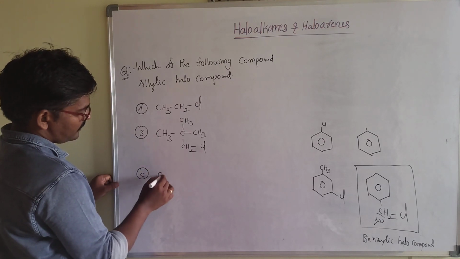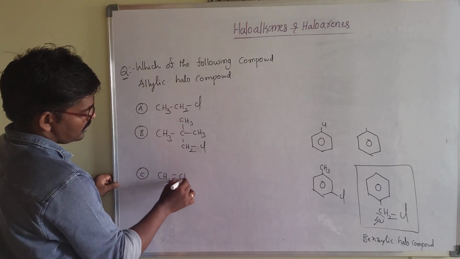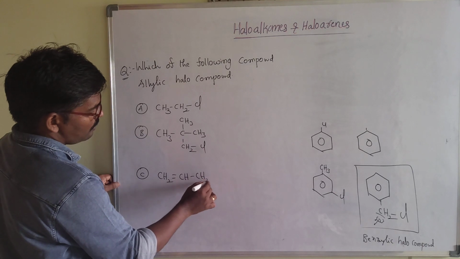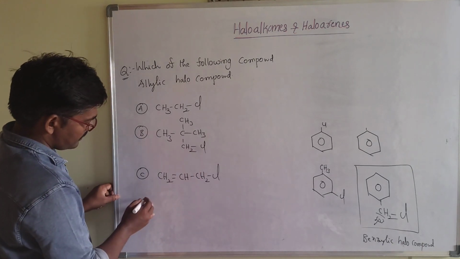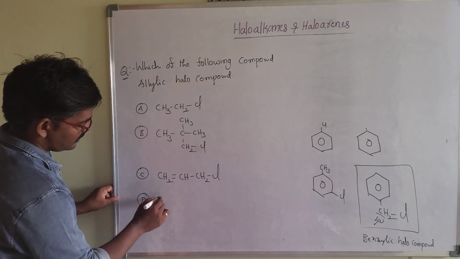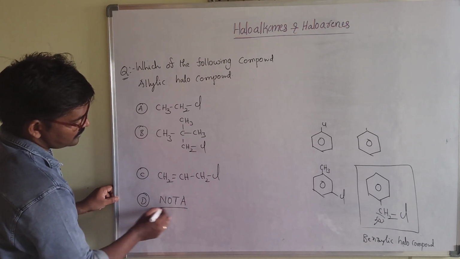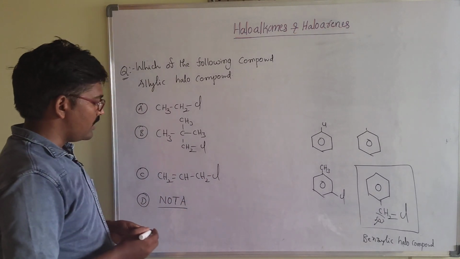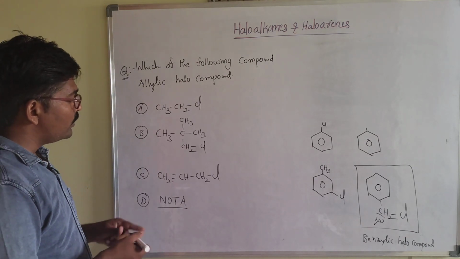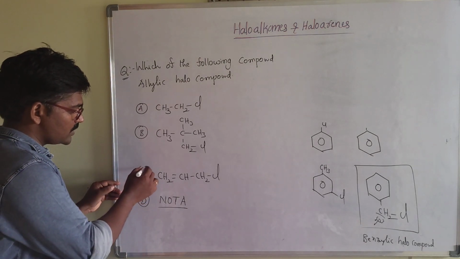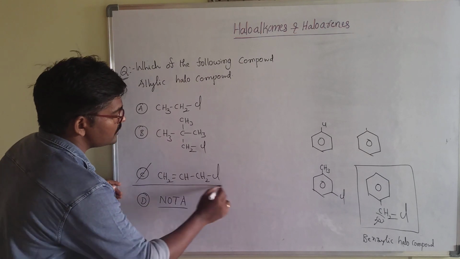Then option C: CH2=CH-CH2-Cl. Then option D, NOTA. NOTA means what? None of the above. Sir, if you observe this, which is correct? C is correct. How can you say C is correct?